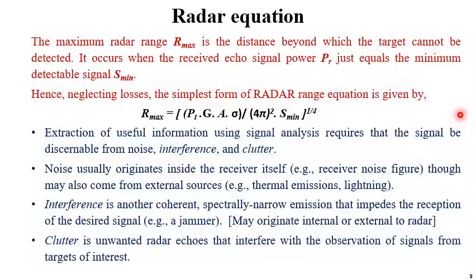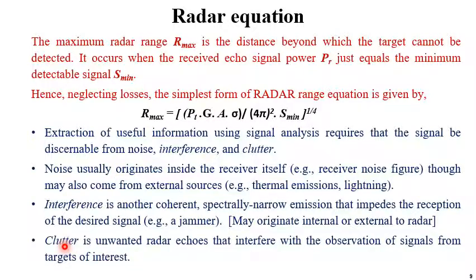Internally means if there is some leakage path between transmitter and receiver, then that leakage will produce a jamming effect. And external means if some enemy is producing a jamming signal, that will be treated as an external jammer or external jamming signal.